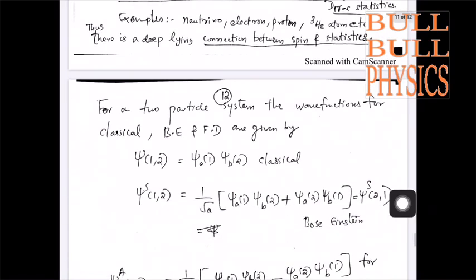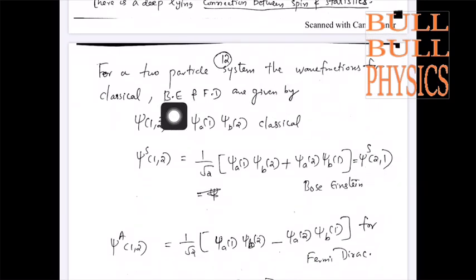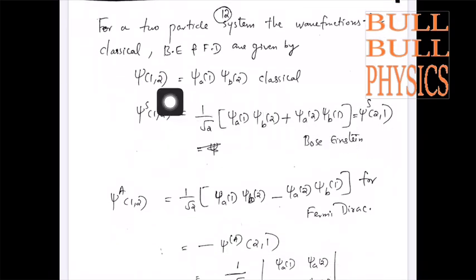Now for a two-particle system, the wave function for the classical case is this. The particles are distinguishable, so the wave function psi(1,2) is simply the product of the wave functions psi_a(1) and psi_b(2).